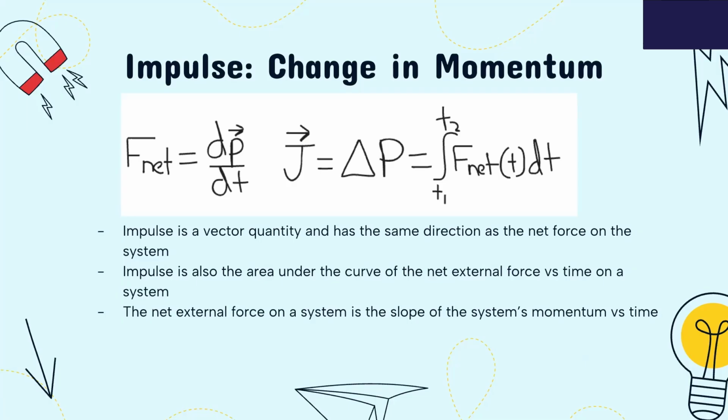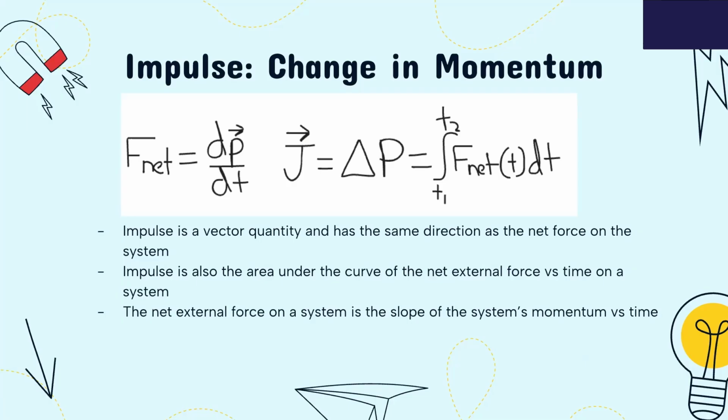So the impulse is equal to the change in momentum and is equal to the integral of F net as a function of time, dt, from t1 to t2. That's equal to the change in momentum, the impulse on the system.